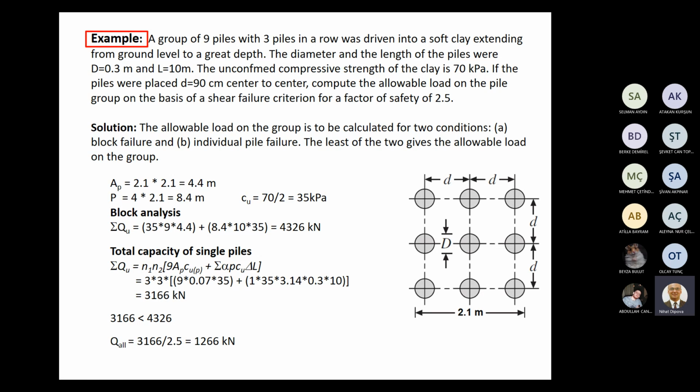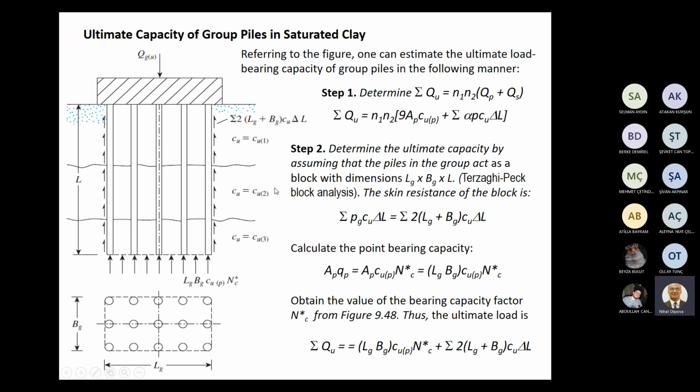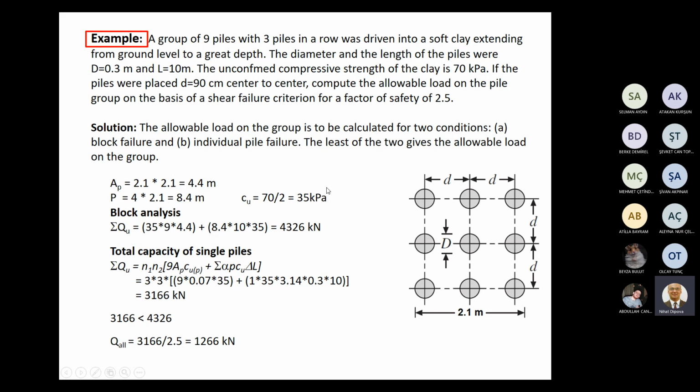The allowable load on the group is to be calculated for 2 conditions: block failure and individual pile failure, as shown in these 2 steps, step 1 and step 2. And the minimum one will be taken as group capacity. We need area and perimeter and such geometrical properties of this block.